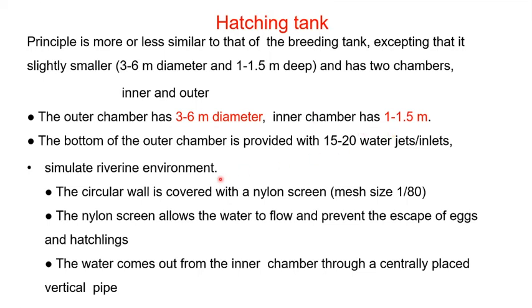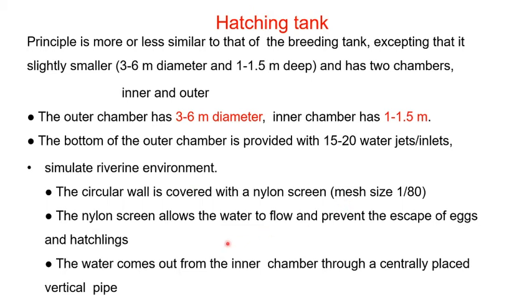The bottom of the outer chamber is provided with 15 to 20 water jets or inlets equidistant from each other to provide circular motion and to simulate riverine environment. The circular wall that separates the outer chamber from the inner chamber is covered with a nylon screen of mesh size 1 by 80.